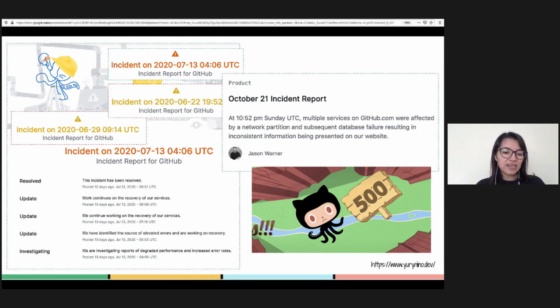Lately, we have experienced a lot of issues in production. Between June and July, GitHub was unavailable 4 times, which reminds us that nobody is exempt from failing.